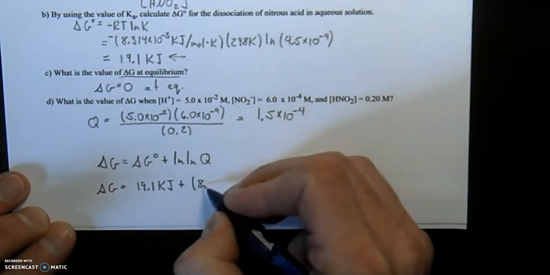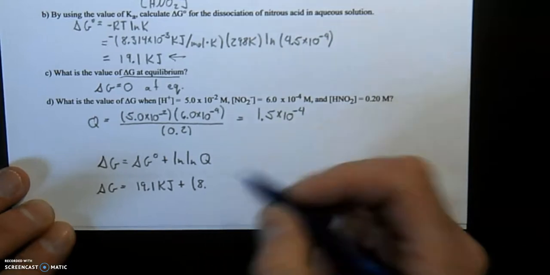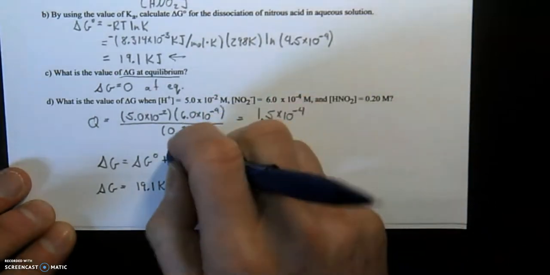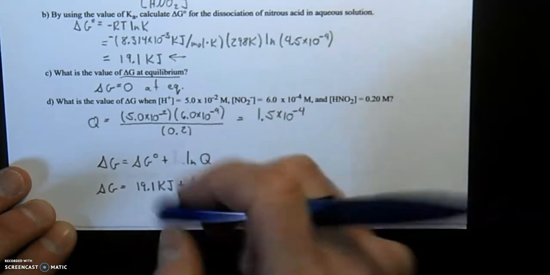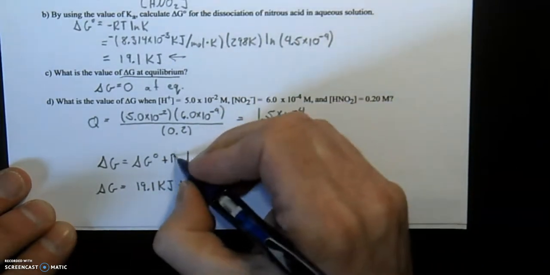plus, and again, using the equation, what did I do here? I'm looking up, it's like, that doesn't look right. Talking and writing at the same time isn't as easy as it sounds.